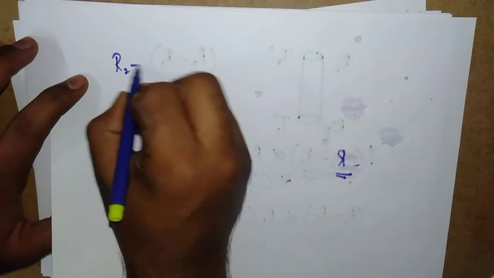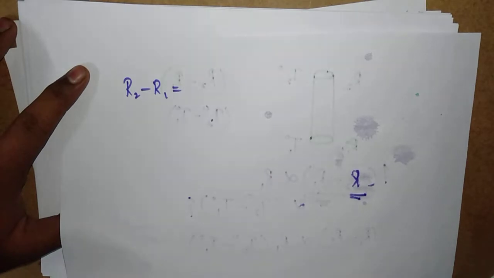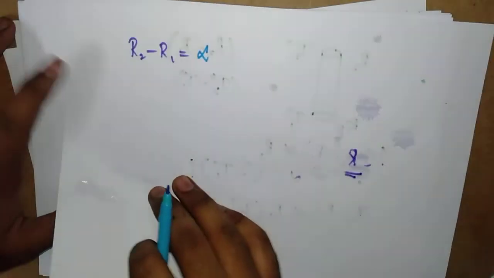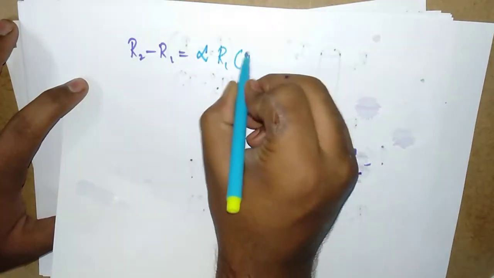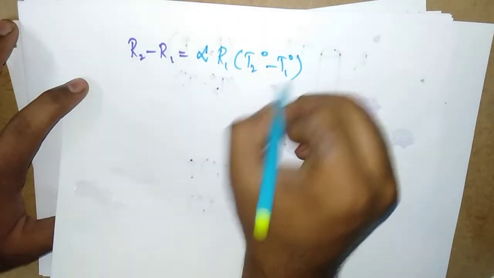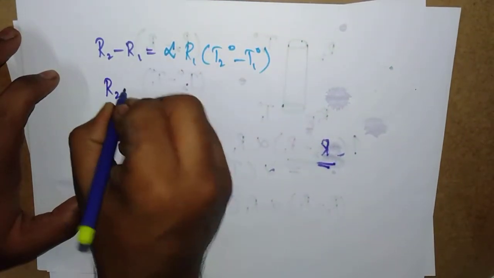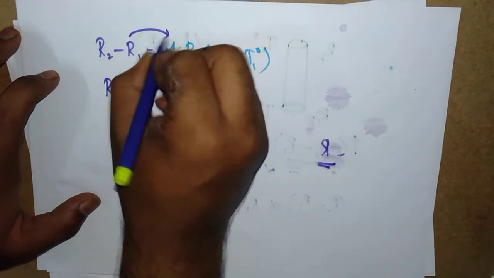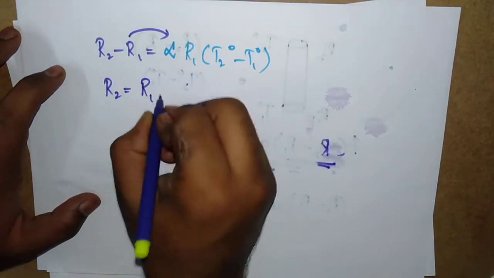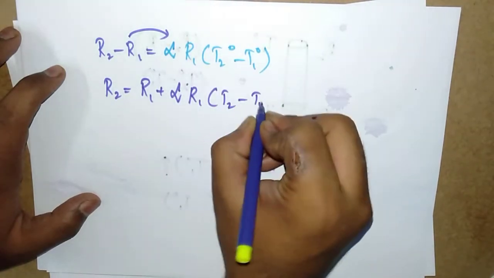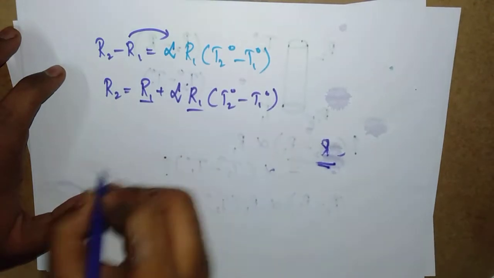So R2 minus R1 is equal to alpha into R1 into T2 degree minus T1 degree centigrade. So now listen carefully. R2 is equal to, here minus R1 will go to the other side, it will become plus R1. R1 plus alpha into R1 into T2 minus T1 degree centigrade. So here I can take R1 common.